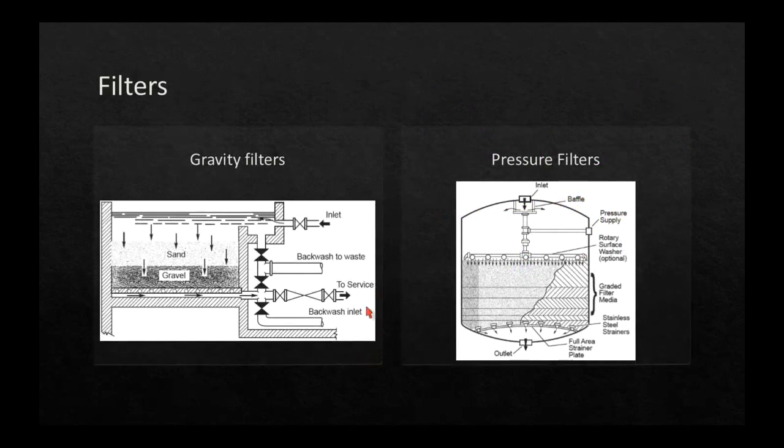There are a couple of types of filters referred to in your textbook. First is the gravity filter. These are maybe less common. They're open vessels, open on top, and our inlet water comes in carrying various flocks and carried over material.